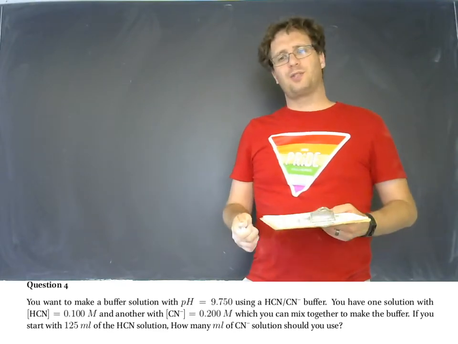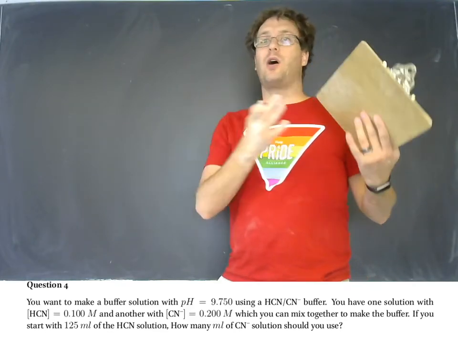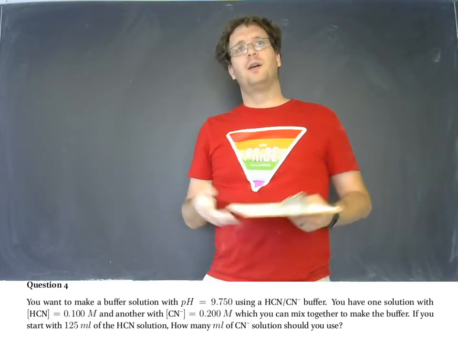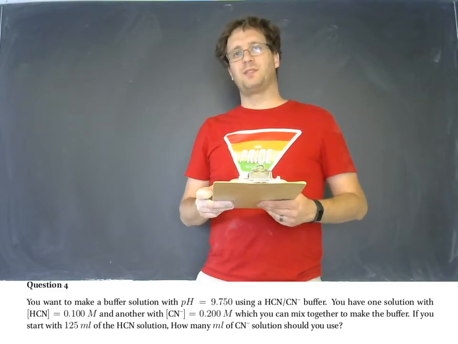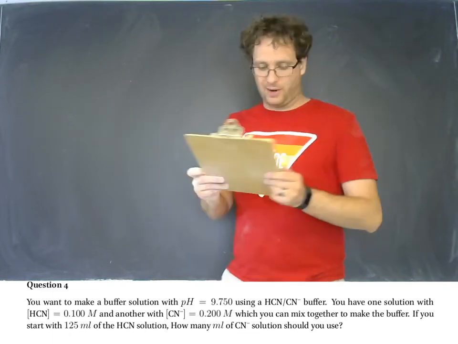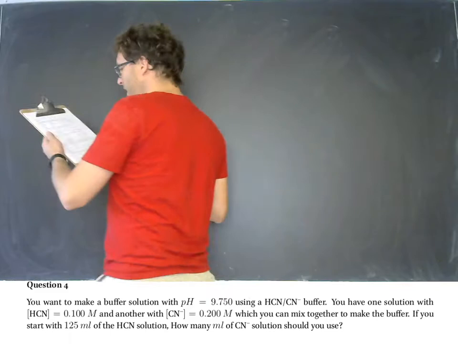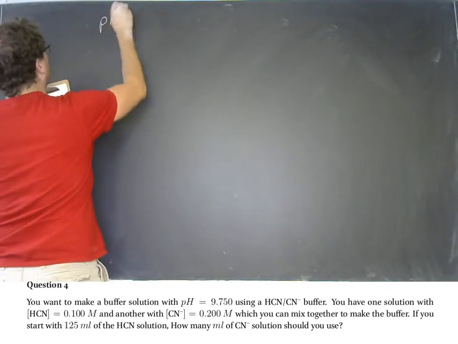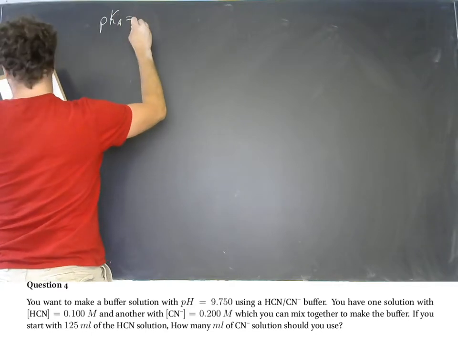You can also start with pure conjugate acid and react some of it with strong base to generate some amount of conjugate base. There's all sorts of ways. So anyway, this is what we want. For HCN, pKa is equal to 9.208.